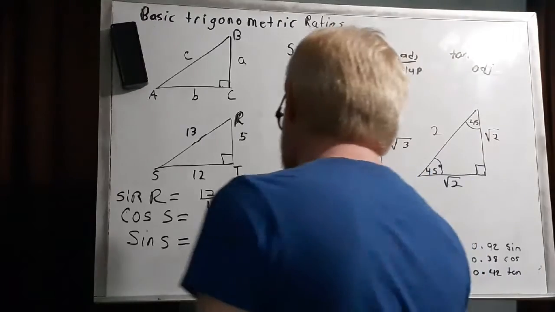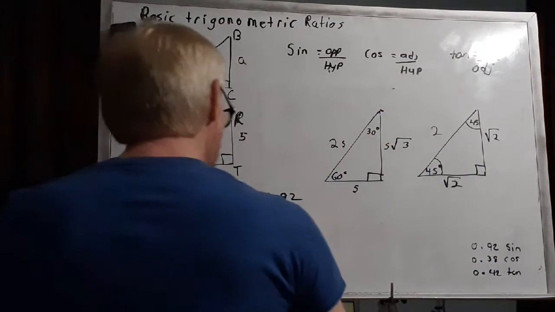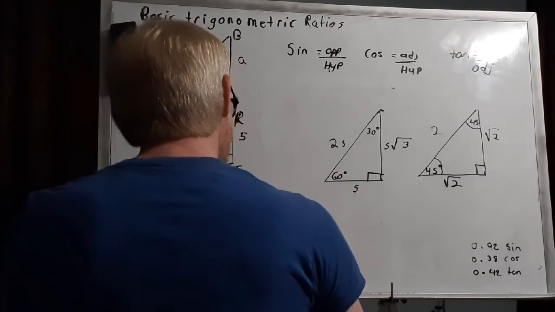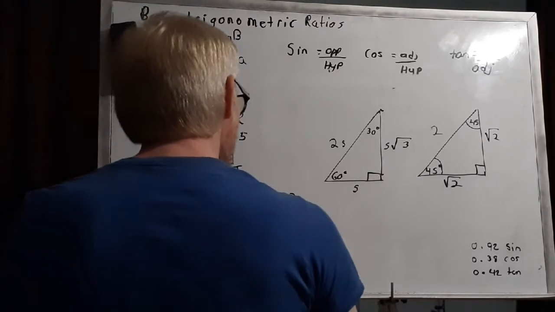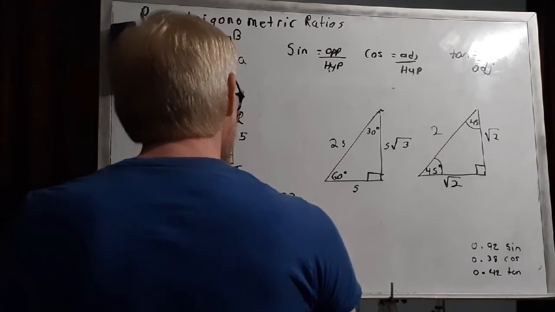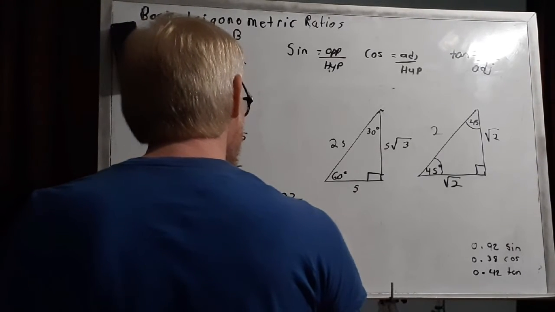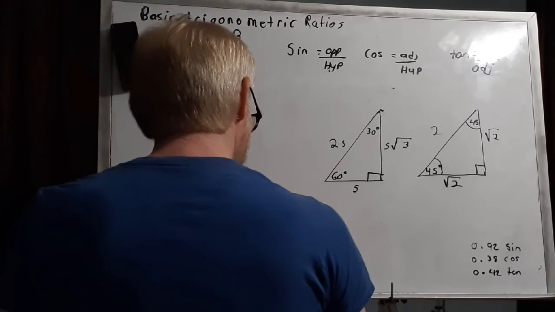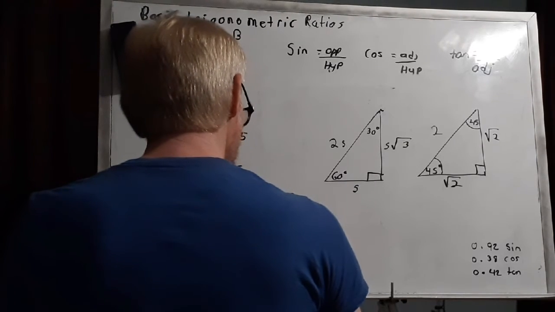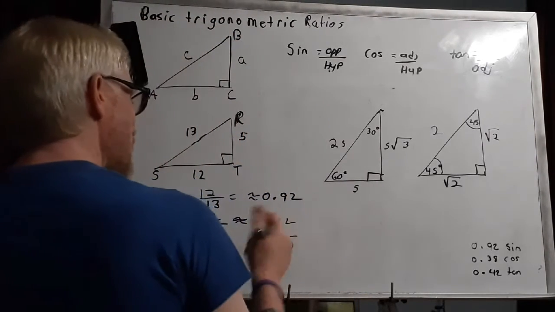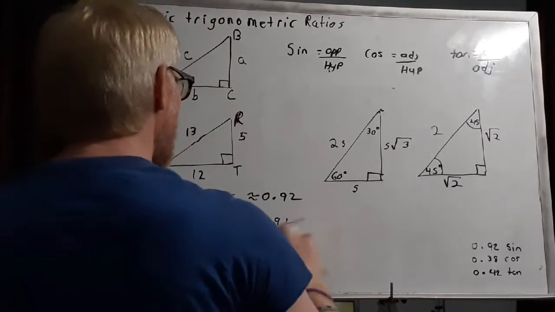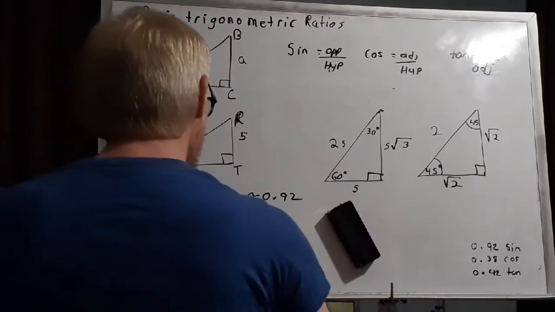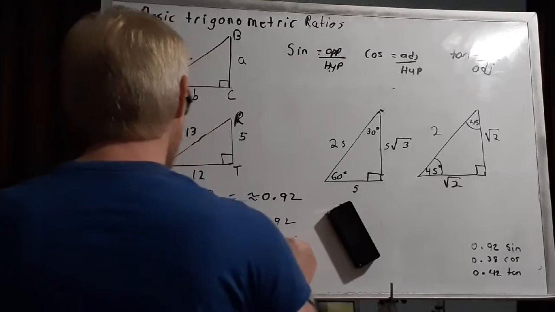So let's just divide to make sure. So I divide 5 by 13, and actually it's 0.38. And that would be about 0.38. So this is approximately 0.38 if I use a calculator.